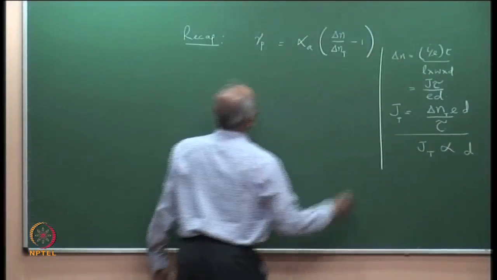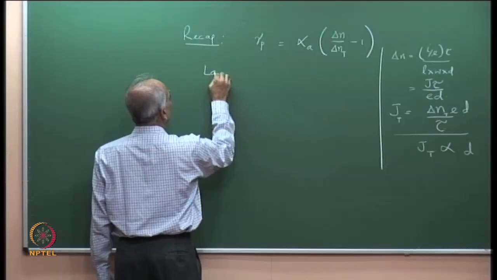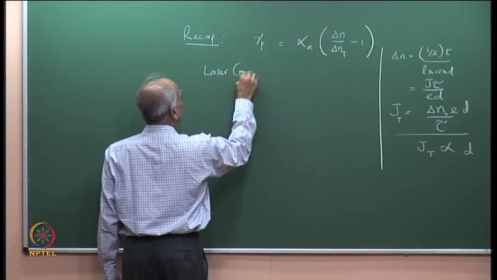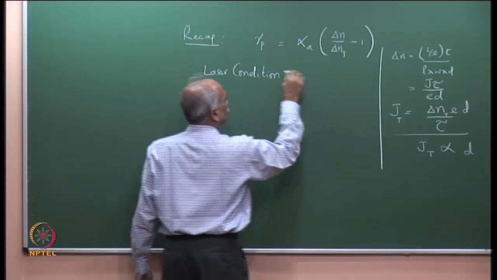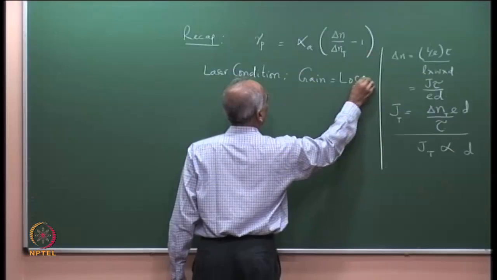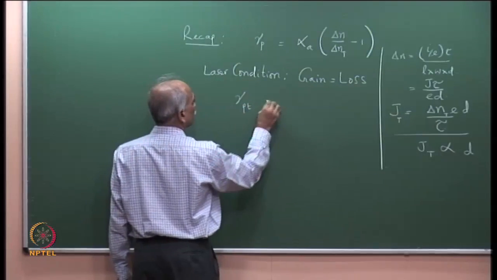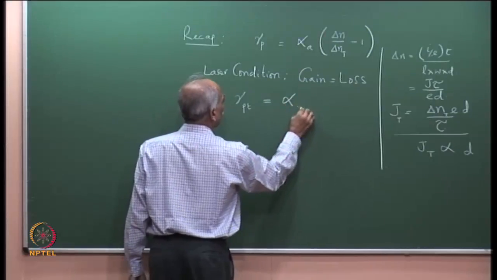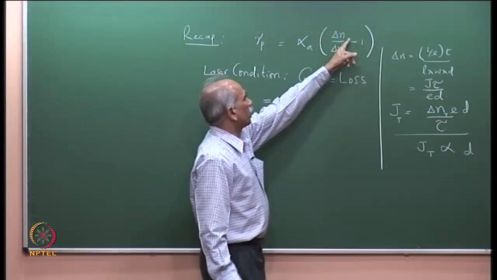Now, we came to the laser equation. So, the laser threshold condition is gain equal to loss. That means gamma p at threshold, gamma p t, is equal to loss in the resonator, alpha r. Gamma p t is given by this.